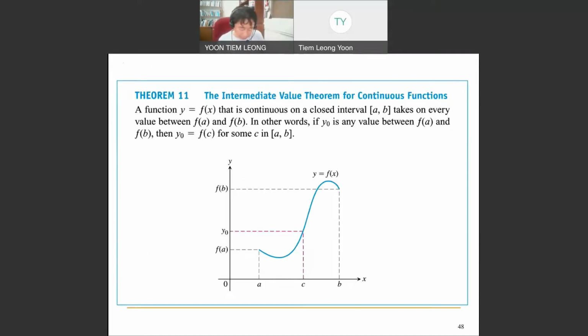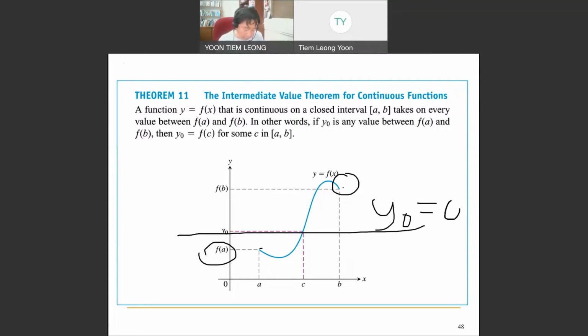So here, imagine that this is negative and this is positive. Then when you go from the negative side to the positive side, there must be a point where your y is just equal to 0, right? So if this is negative and this is positive, then somewhere in the middle you must cross the 0 border, right? So there must be a value of the function at the 0 border.